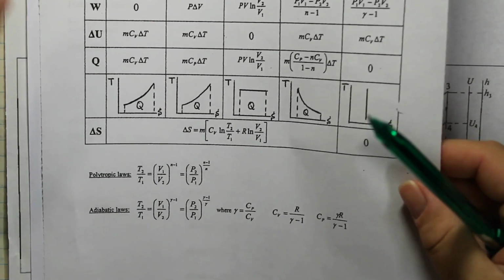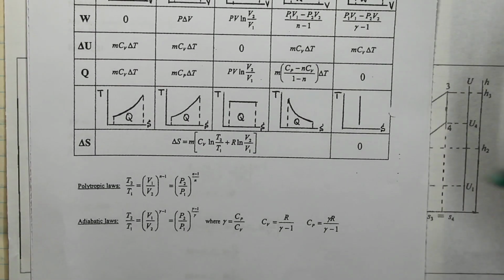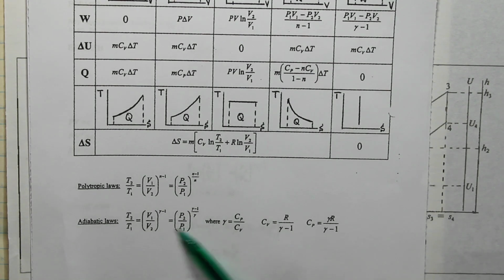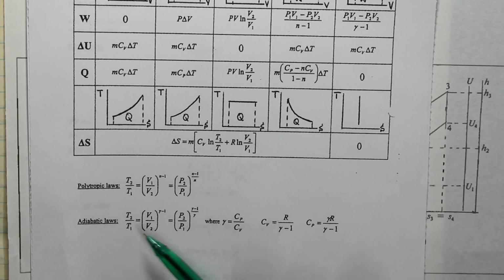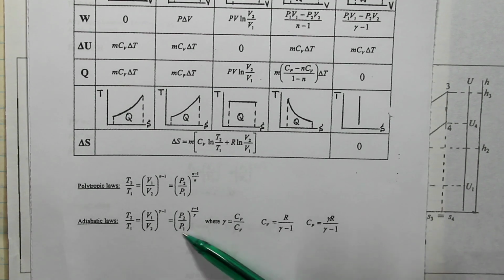If we look on this cheat sheet that I gave you guys online, you can see over here that's the adiabatic laws. We're going to use these relationships between temperature and volume, volume and pressure, temperature and pressure.